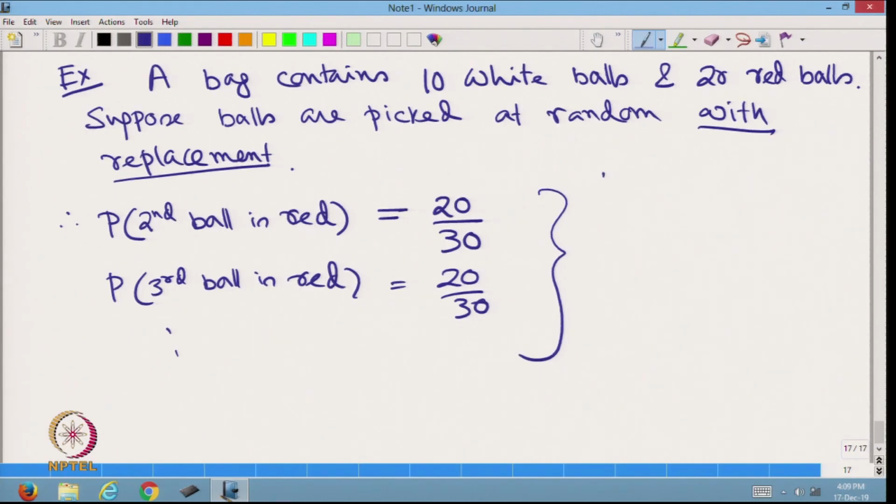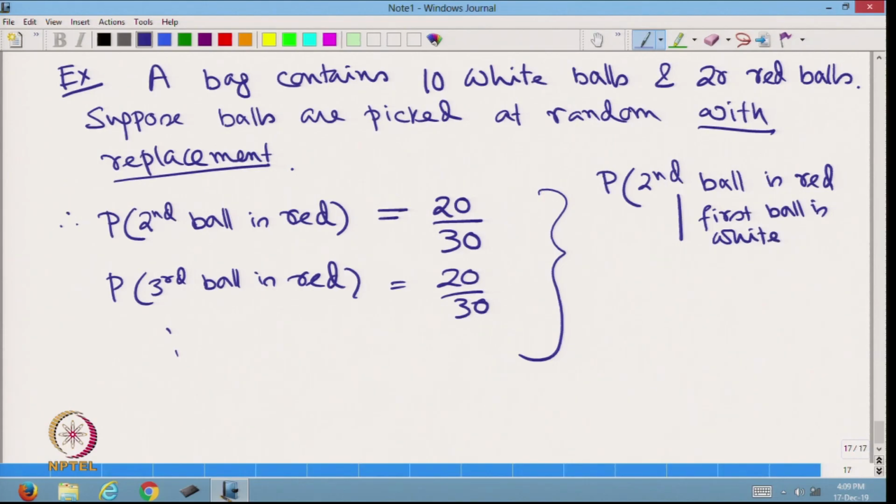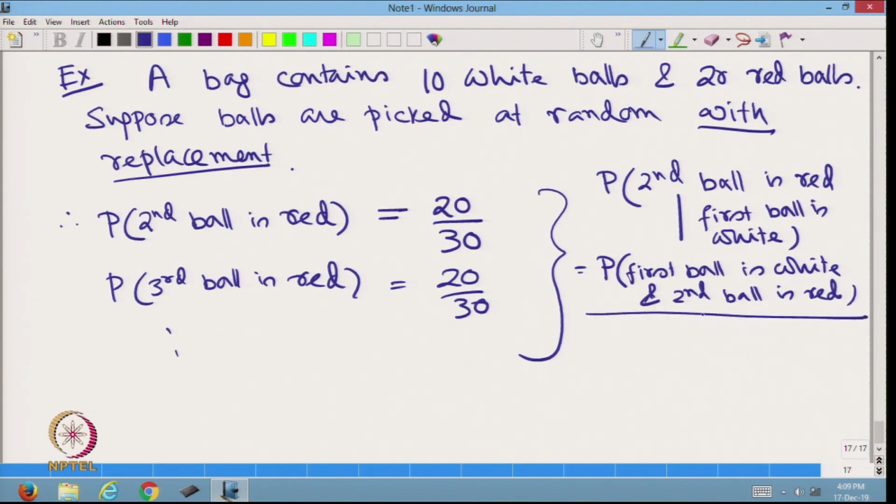Therefore, the probability that the second ball is red given the first ball is white is equal to the probability that the first ball is white and the second ball is red, divided by the probability that the first ball is white.